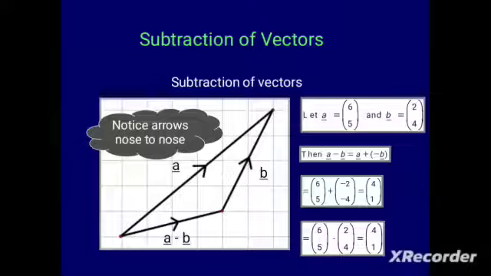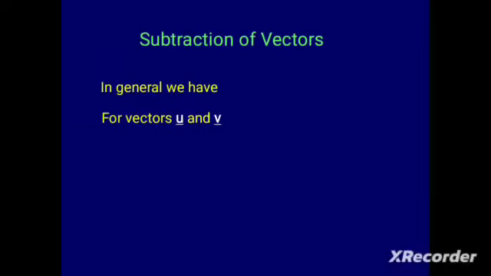This is an alternative. You can also do it this other way, whereby you take (6, 5) minus (2, 4) is equal to (4, 1) directly. Still you get the same answer.